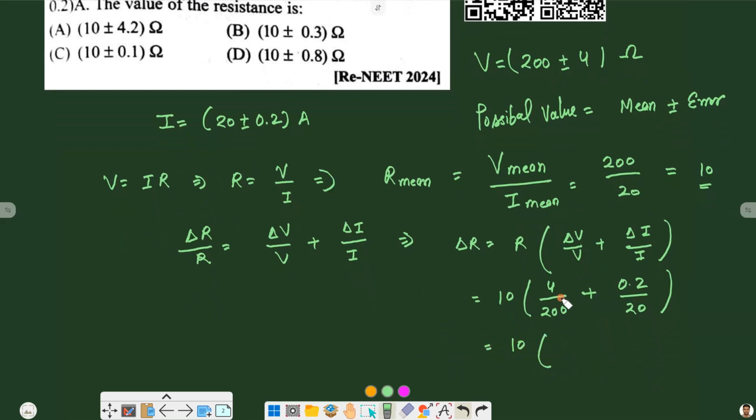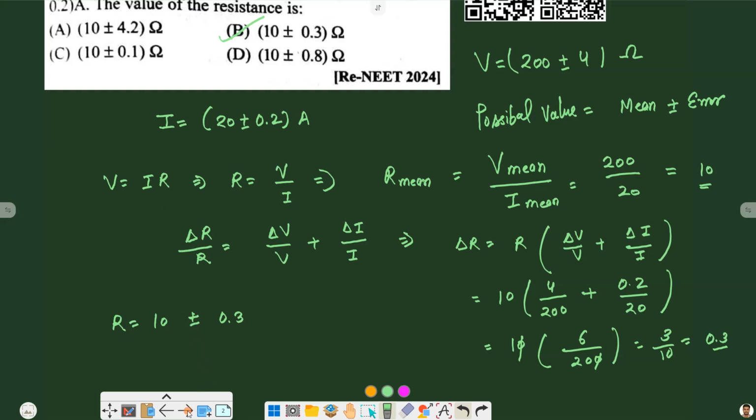So this will give us 4 plus 2, 6 by 200, and 6 by 20, 3 by 10 is equal to 0.3. So our final value of R is mean value, that is 10, plus minus its error, that is 0.3. So option B will be the right answer.